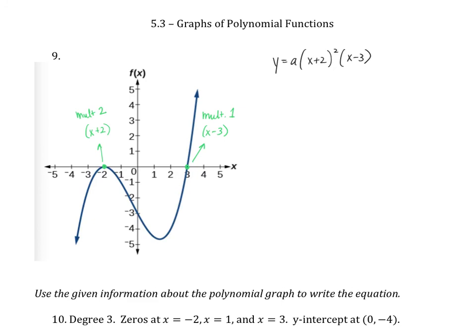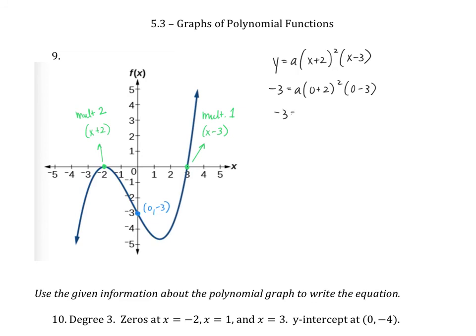Now in order to proceed, I need to solve for a. I have to have another ordered pair. So here I can see this point is 0, -3, so that's the y-intercept. I'm going to use it. So I'm going to plug that in for x and y. So I will have -3 is equal to a times 0 plus 2 squared times 0 minus 3.